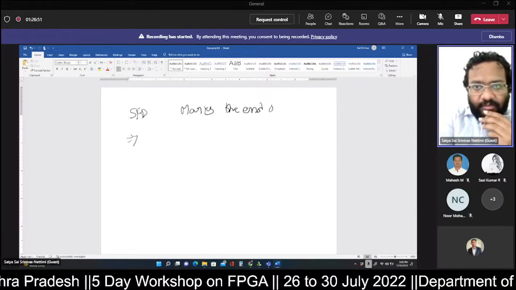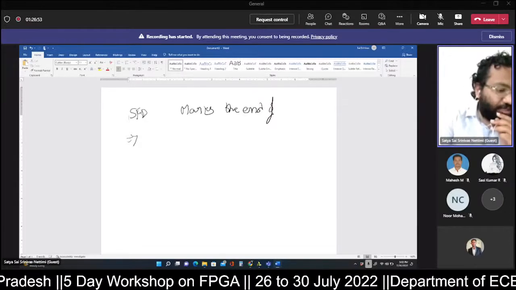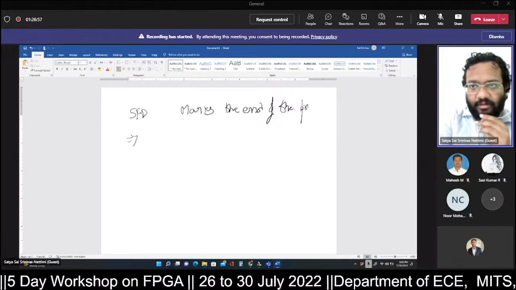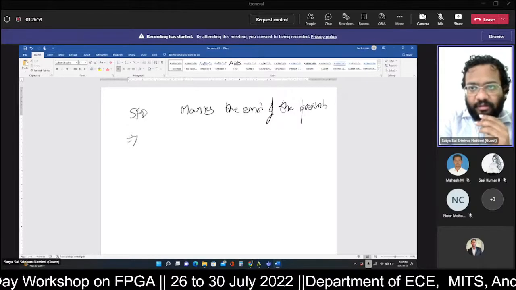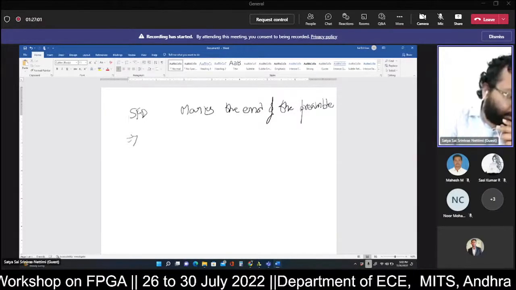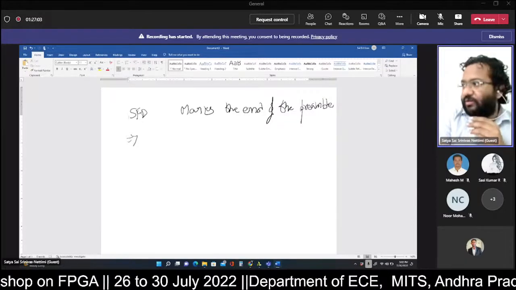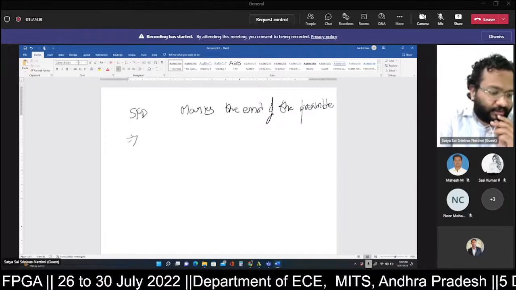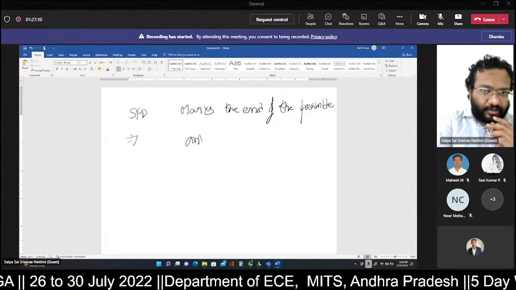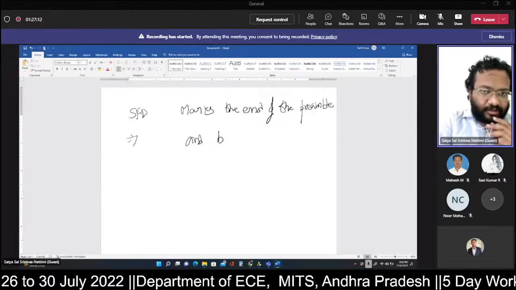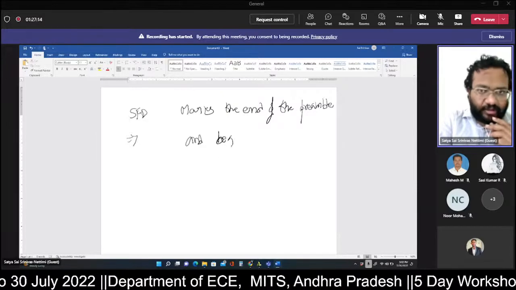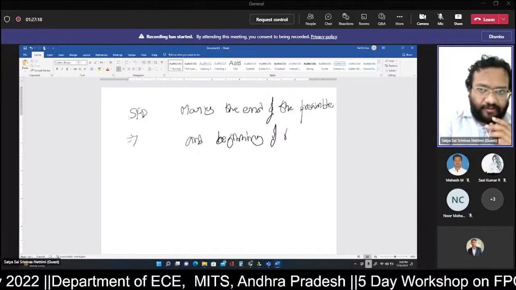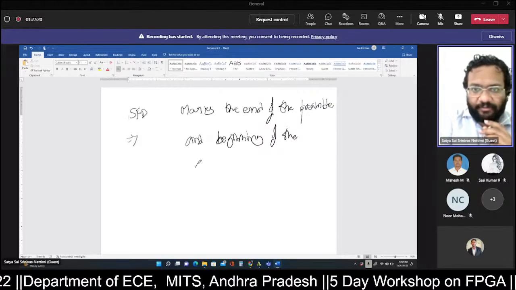That means it indicates that the preamble has ended, and it also indicates the beginning of the Ethernet frame.